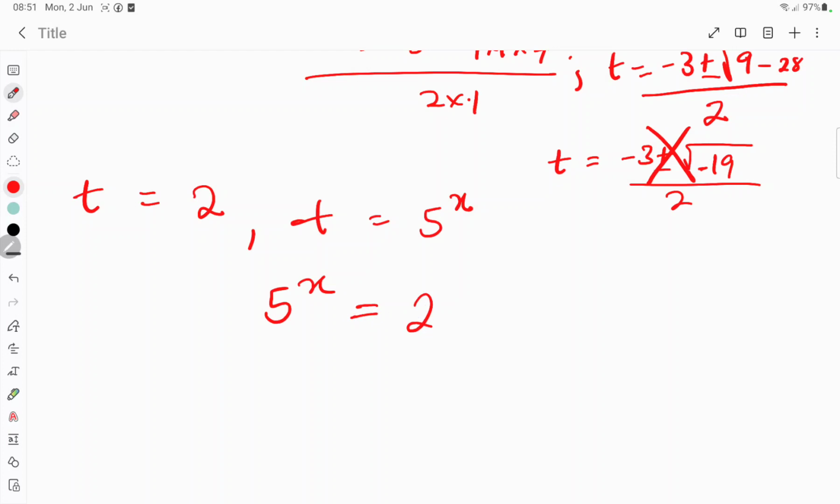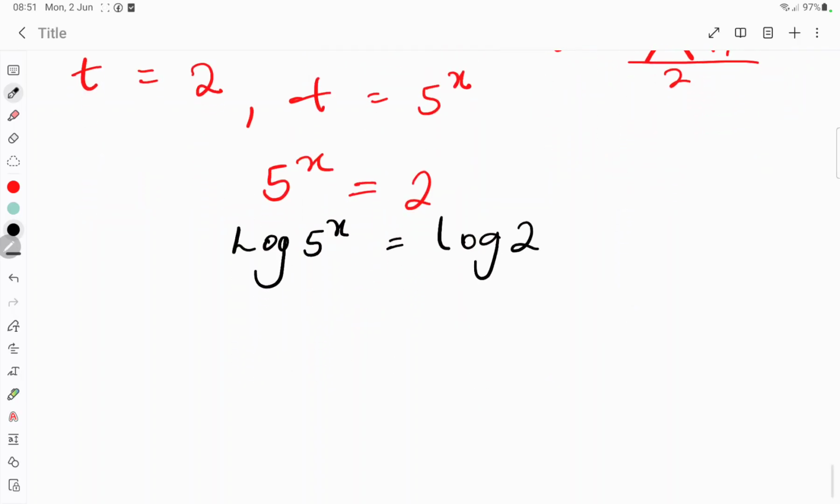So the first thing we have to do is that the bases are not the same. So all we have to do is just to take the log. So we take the log of both sides. If you take the log of both sides, log of 5 power x is equals to log of 2. So the logarithm allows you to multiply the power to the log.